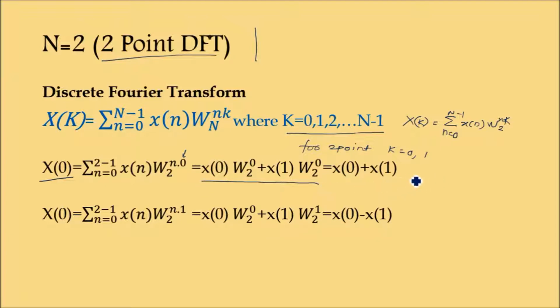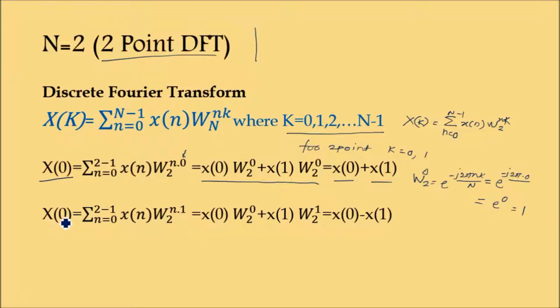The value of W is e raised to minus j 2 pi nk divided by capital N. So W_2 raised to 0 means e raised to minus j 2 pi into 0 divided by 2, which is equal to e raised to 0, and the answer is 1. So it is x(0) plus x(1), so the second is 0.